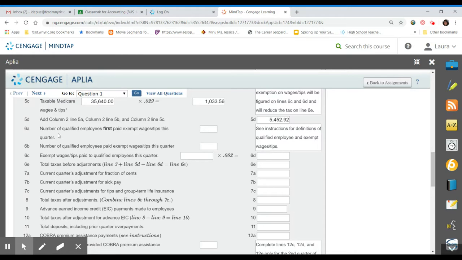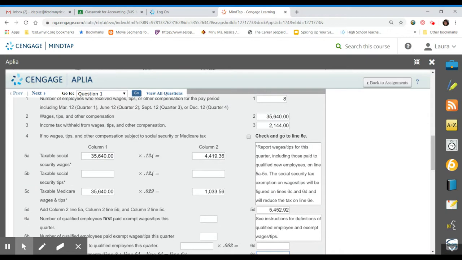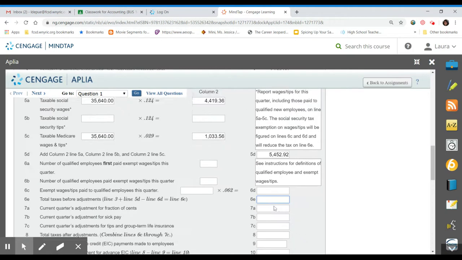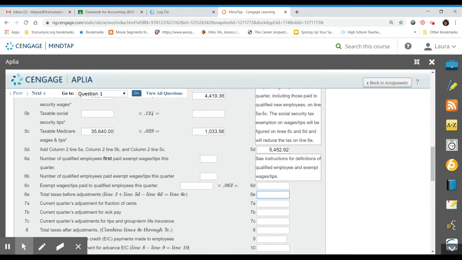We're not going to worry about lines 6A, 6B, or 6C, so we leave all of those blank. Line 6E, what are the total taxes before adjustments? That is line 3 plus 5D. So we're taking line 3, this 2144, and adding line 5D, and we should get $7,596.92.